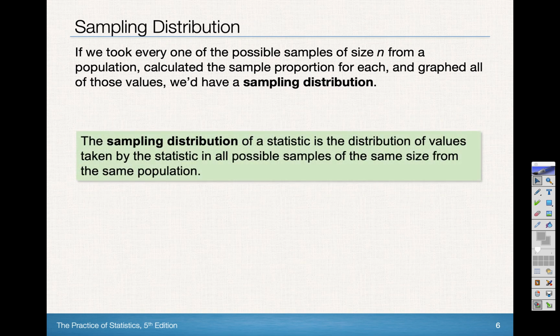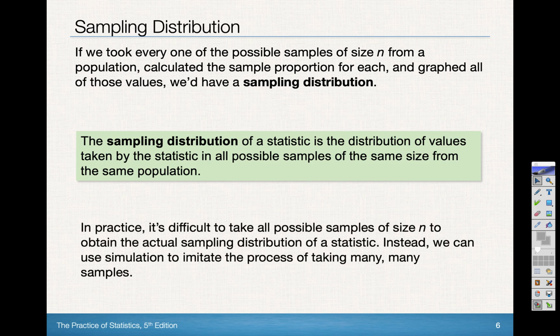So if we took, for example, every single sample of size 50 from American women, and we found the average of each of those individual samples of size 50, and we took that average, which we call x bar, and we plotted them onto a graph or a distribution, that would make a sampling distribution.